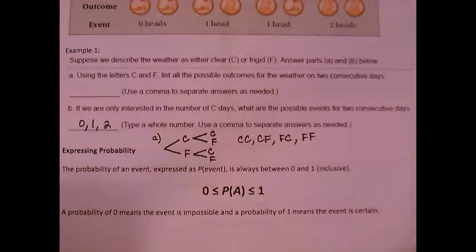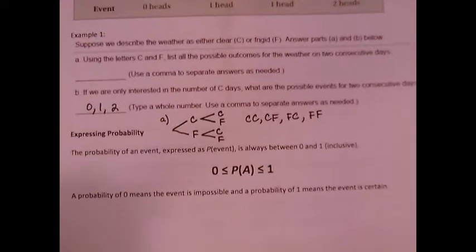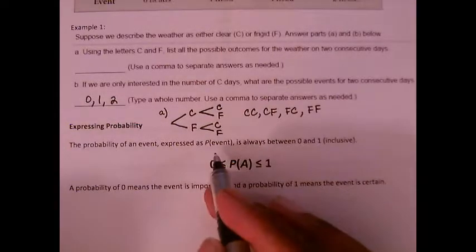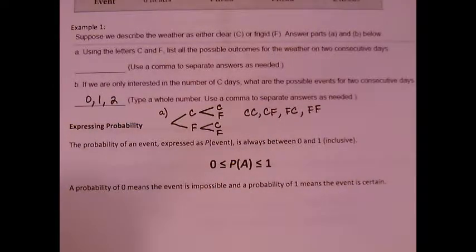Okay, let's talk about how to express probability. The probability of an event is expressed with the notation P with the event inside the parentheses. The probability of an event occurring is always going to be between 0 and 1 inclusive.